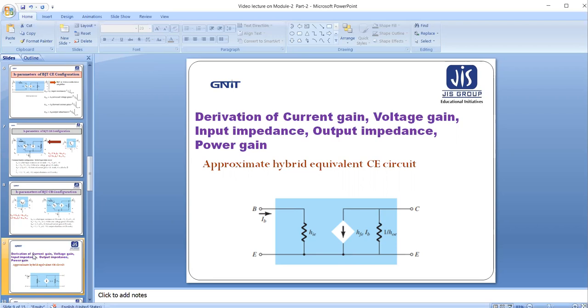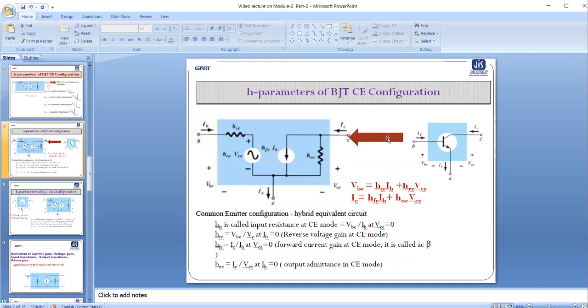Now, before going to the derivation of these parameters, first the hybrid parameter model of any configuration must be simplified. If we look at the BJT common emitter hybrid model, we will see that there is a voltage source, so it would be complicated to calculate these parameters. Also, the HRE value, the reverse voltage gain, is much less than 1.